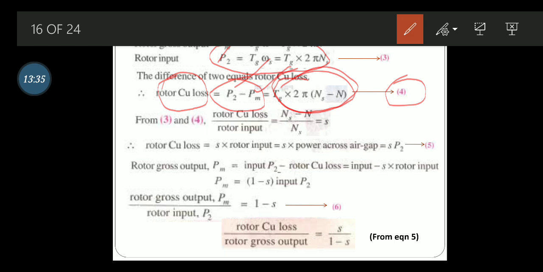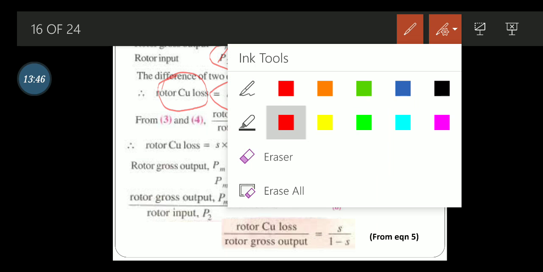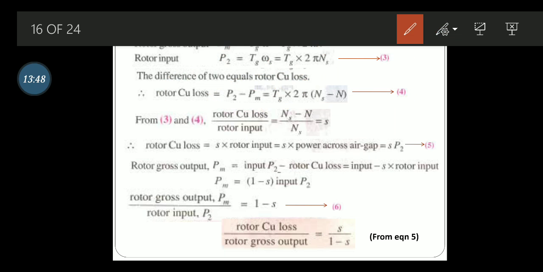Then you just divide these two equations, that is, divide equation 4 with equation number 3. If you divide equation 4 with equation 3, what will you get? Rotor copper loss divided by rotor input is equal to ns minus n divided by ns.